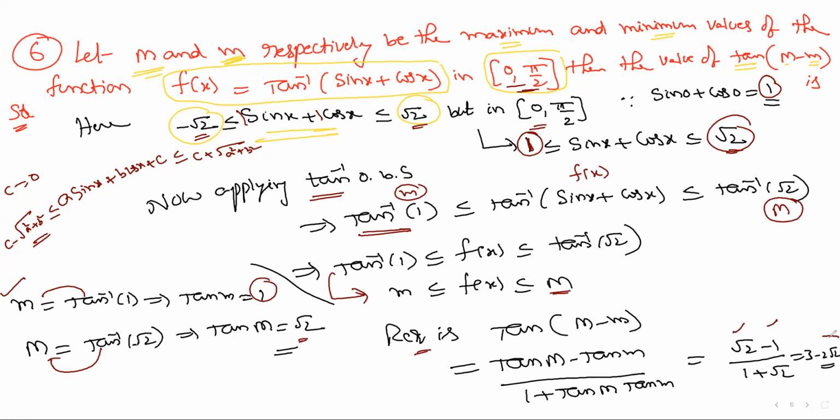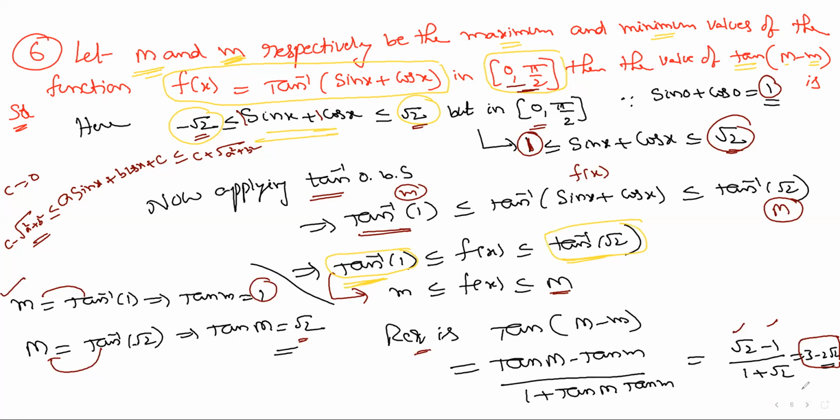After rationalization, we get 3 minus 2 root 2. What is the maximum value here? Tan inverse of root 2. The minimum value is tan inverse of 1.